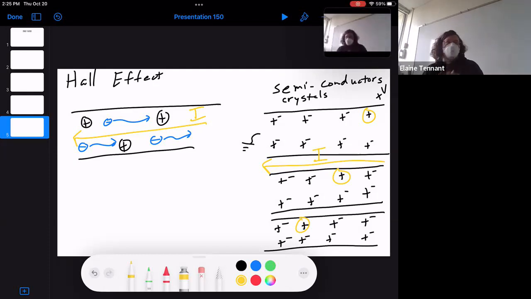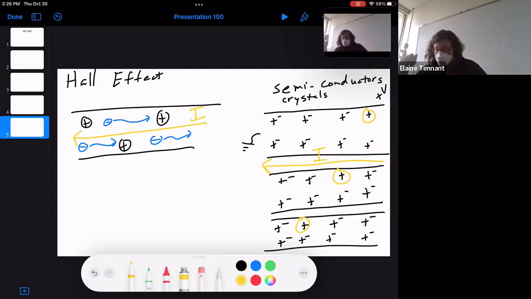So this is what we mean by carriers: do you have an electron or do you have this hole in your semiconductor? Depending on how you treat your semiconductor, the charge moving around might have more or less charge, and it's going to be really important to be able to characterize that, because this is what you're going to build your new computer chip out of.